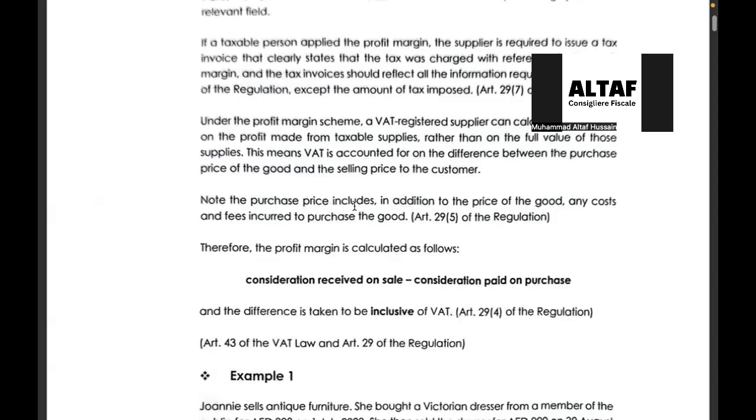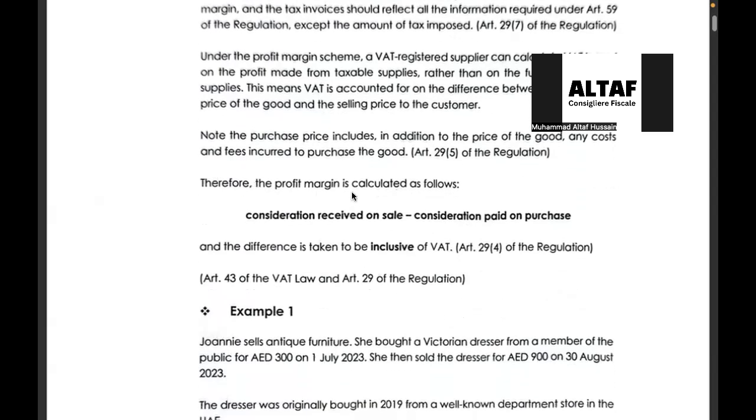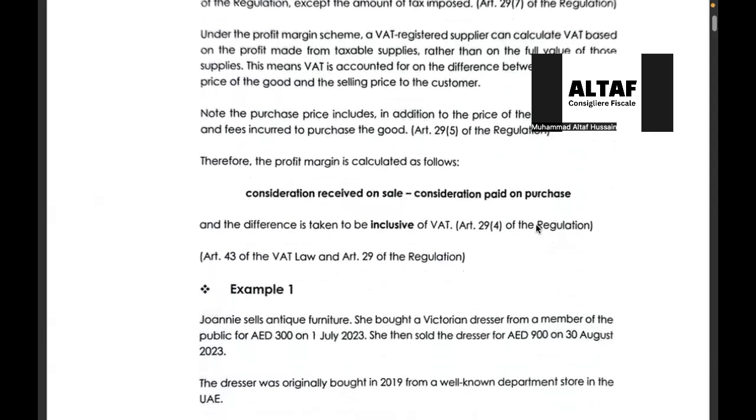Note, the purchase price includes, in addition to the price of the good, any costs and fees incurred to purchase the goods. That has been provided in Article 29 of the VAT Executive Regulations. Therefore, the profit margin is calculated as follows: consideration received on sale minus consideration paid on purchase. Straightforward and simple formula. And the difference is taken to be inclusive of VAT.